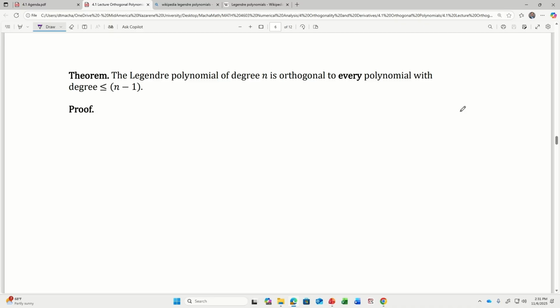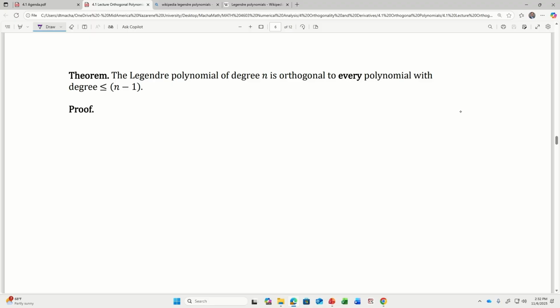So the Legendre polynomial of degree whatever, right, degree 5, degree 50, degree 500, is orthogonal to every polynomial with degree less than or equal to its own degree, right?